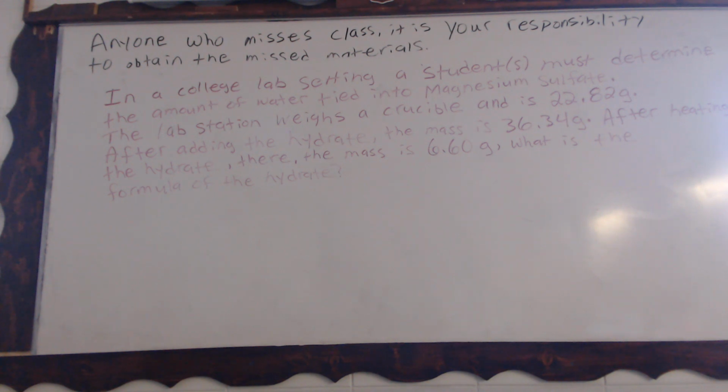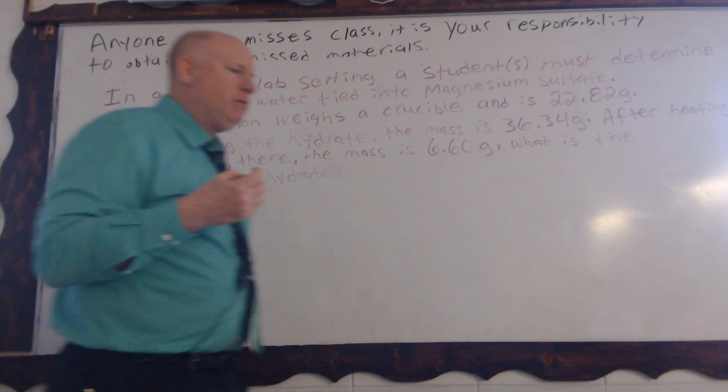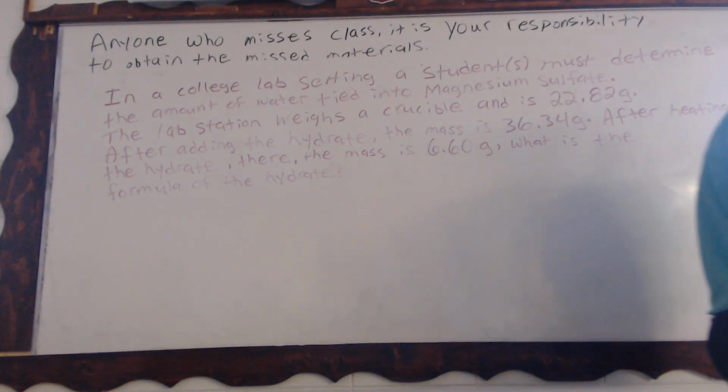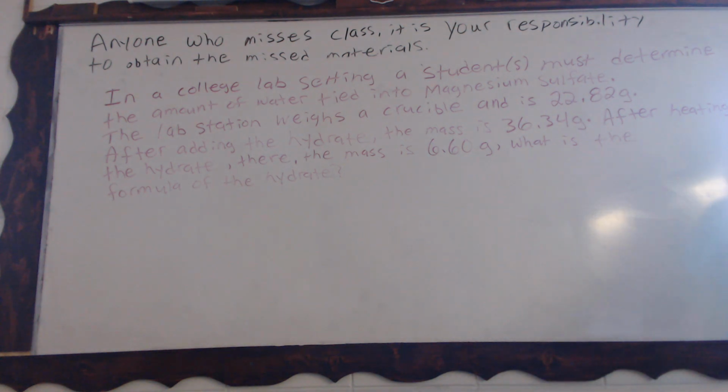Well, we can't do that in the lab. We can't speculate how much water you're going to drive off, how much hydrate you're starting with, and how much anhydride will be left over. So we want to get on the same page to increase your best possible chances that you get this right.